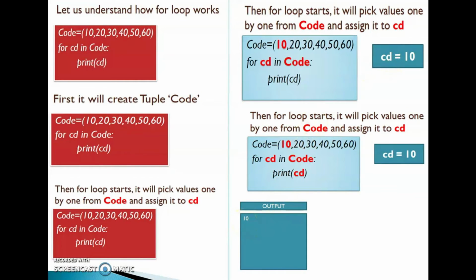That value we can see on the monitor. Check this one. For CD in code, first value 10 during the first iteration. Then CD is equal to 10. Print CD, you can see 10 on the monitor.